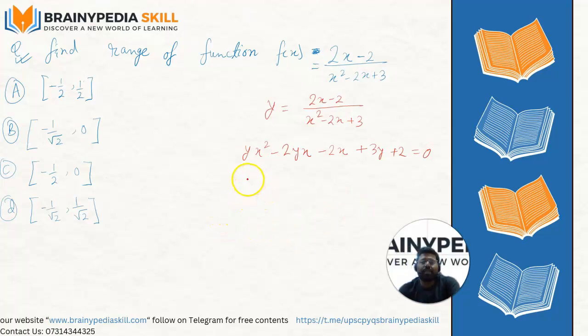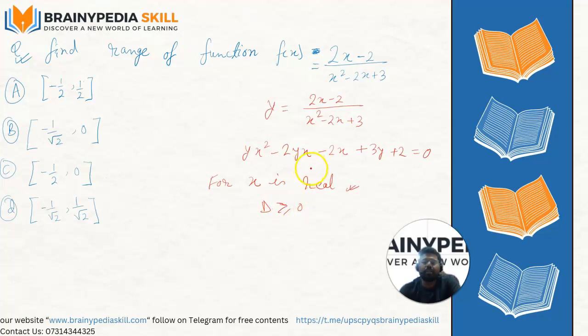For x to be real, and x is real, no doubt, the discriminant must be greater than or equal to 0, yes or no?